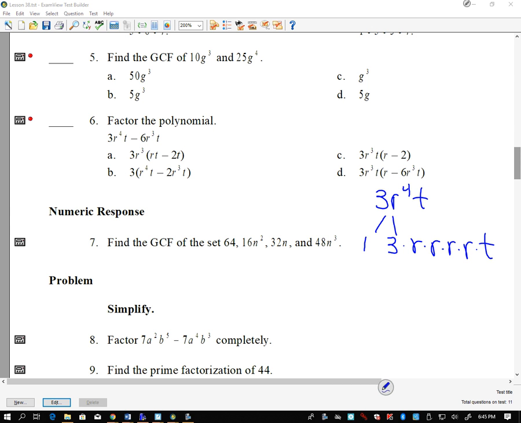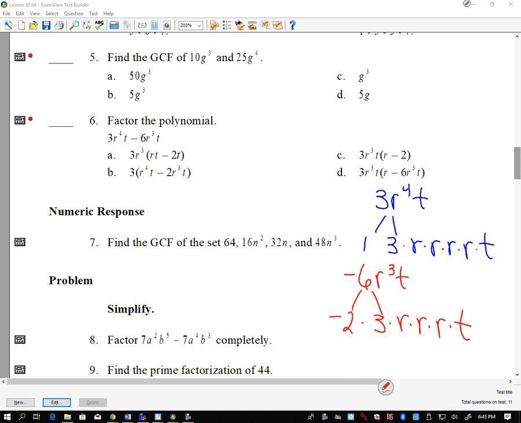Okay, that's expanded. Then if we have negative 6r cubed t, that would give me something like negative 2, 3, times r times r times r times t.